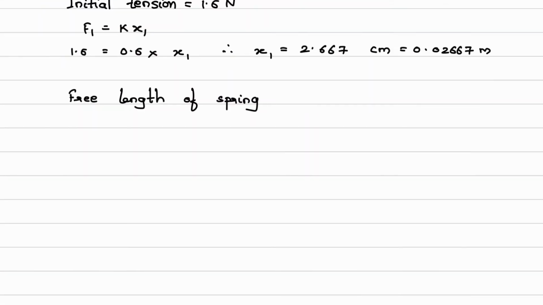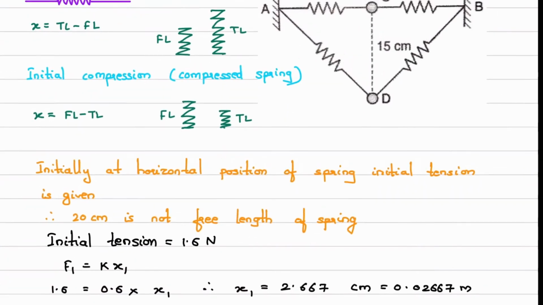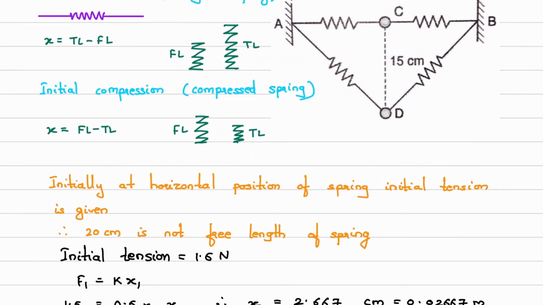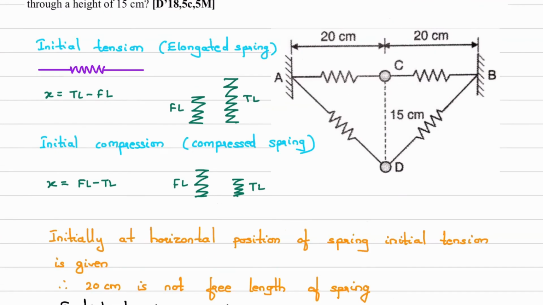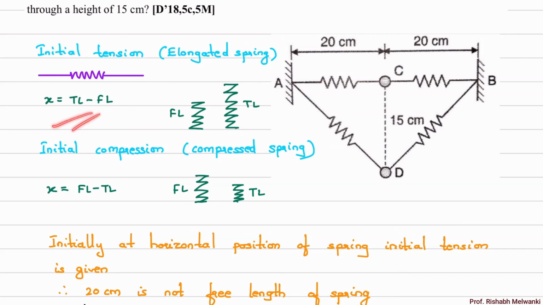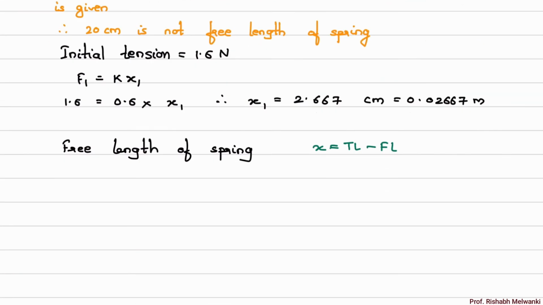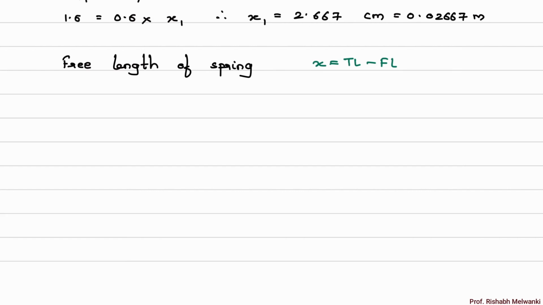So here what equation am I going to use? Since it is in tension, we have to use this equation: x is equal to total length TL minus free length FL. Now what do I have to calculate? Free length FL. So free length will be equal to total length minus x. In our case x is equal to x1.